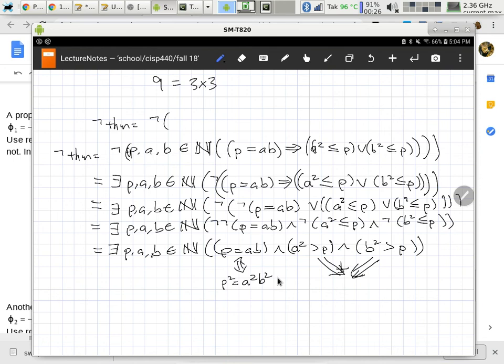We know P is non-negative, because they're all natural numbers. So because they're all non-negative, using inequality, you know that when you multiply A squared and B squared together, that should be greater than P squared. Because A squared itself is greater than P, B squared itself is greater than P, so when you multiply the two bigger terms, that product should be bigger than the product of the smaller terms.